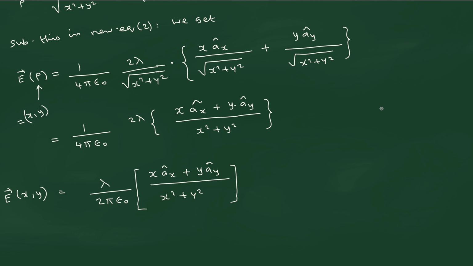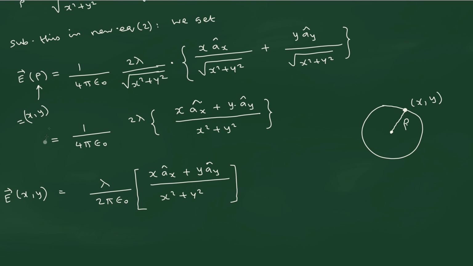Because you should remember that if you are going to draw a circular path like this, and if you are going to choose any point here and say that this is x comma y, then if you are saying this is the center of the circle, and if you draw, that will be the rho. So specifying a particular point by the cylindrical polar coordinate system rho is equivalent to writing down x comma y in the Cartesian system. So therefore rho is equivalent to x comma y.